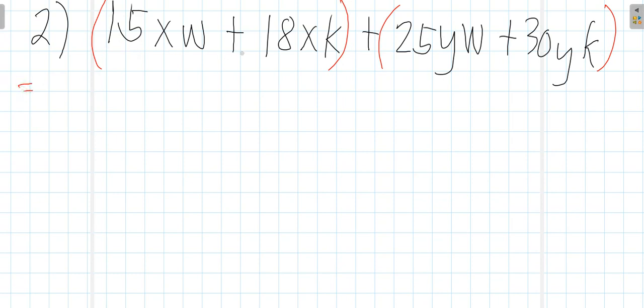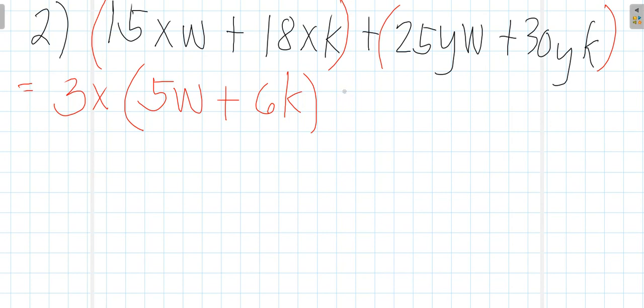So get the GCF between 15 and 18. So the GCF is equal to 3, so we have here 3x. Then divide 15xw divided by 3x is equal to 5w, plus 18xk divided by 3x is equal to 6k.